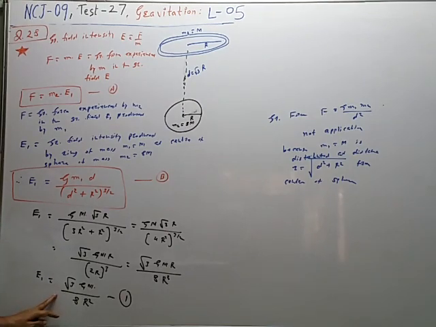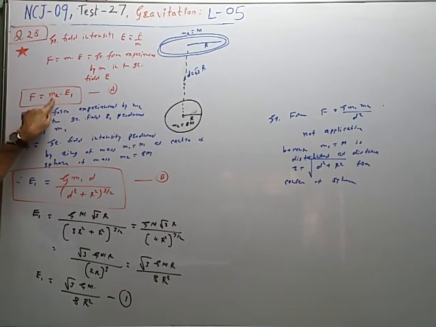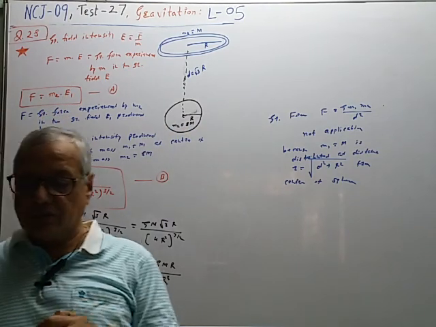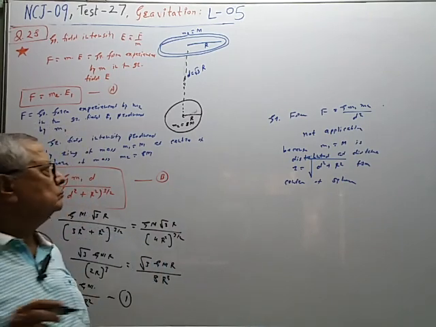So we know the value of E1. So in this equation M2 is equal to 8 times M and E1 is equal to this. So you can substitute the value.